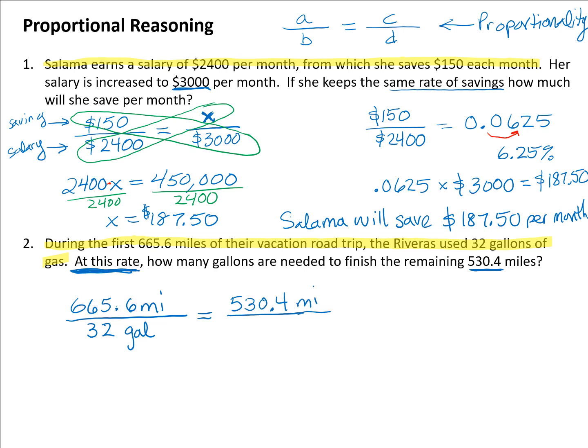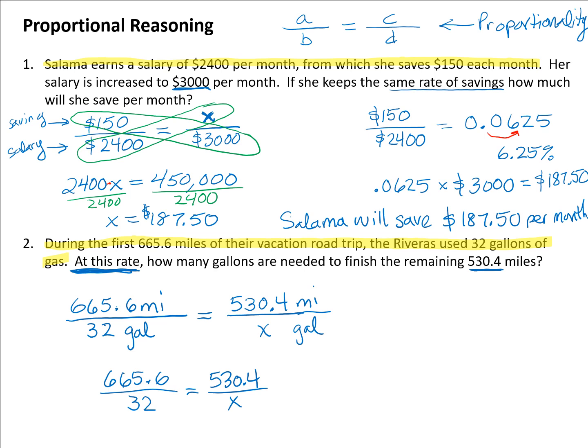And I don't know how many gallons I'm going to need, so I'm going to put a question mark on gallons there. Now I've got those units in there, but if that is a little confusing to have miles and gallons, let's just take them out. So we've got the simple 665.6 over 32 equals 530.4 over x.